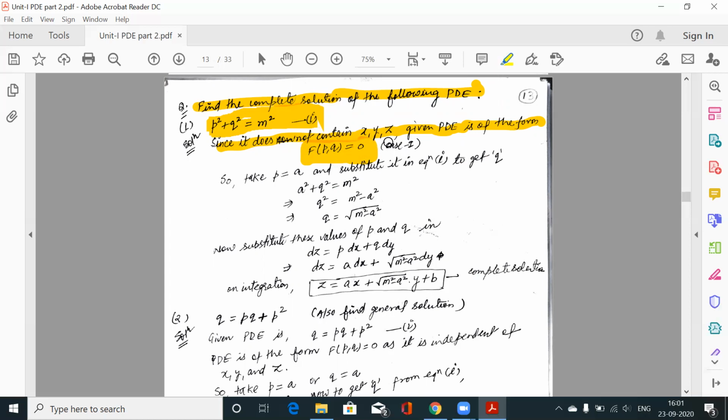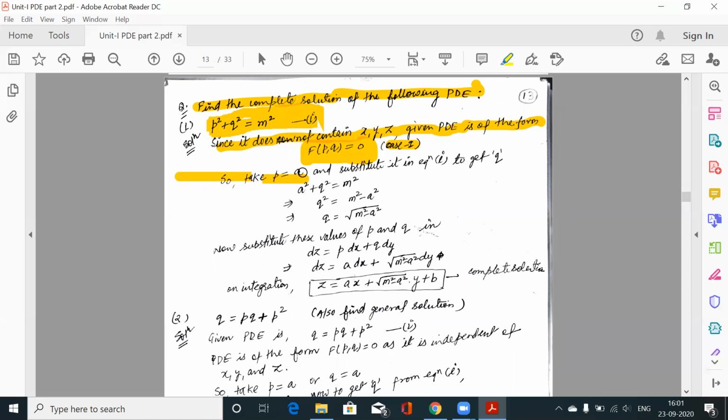So this is a case 1 question, and in case 1 we can directly write, and I have not written it, but you have to write that because this is in case 1, using the Charpit's auxiliary equation, we have p is equal to a. Now the process is the same.